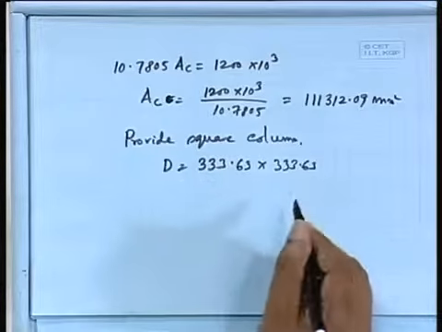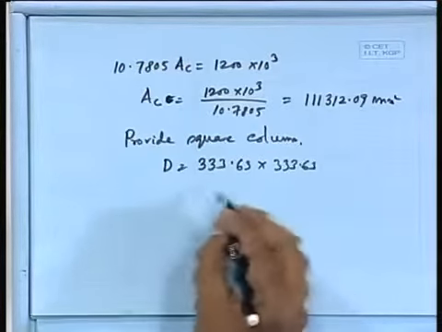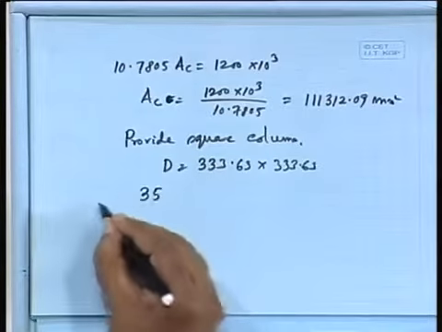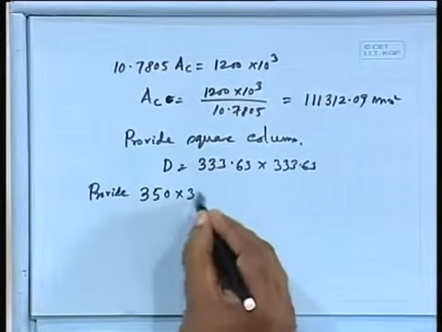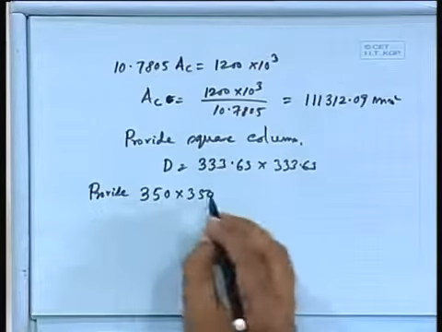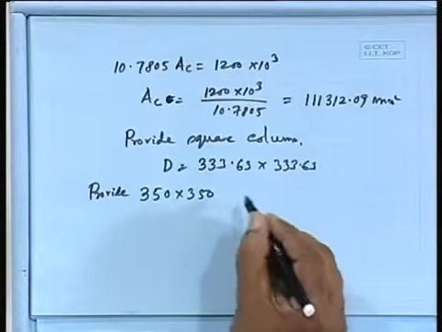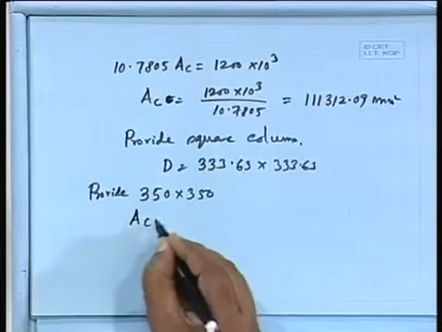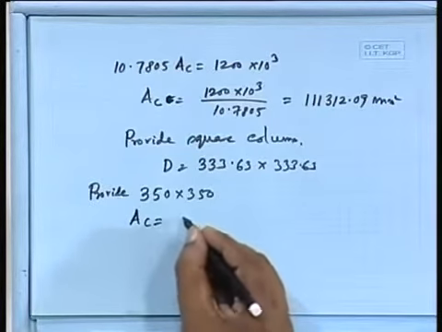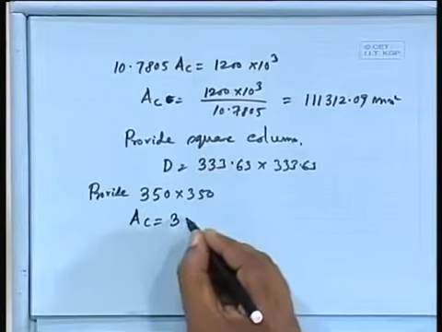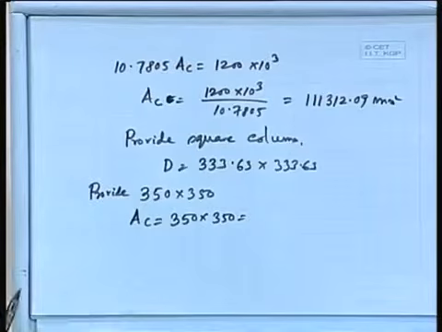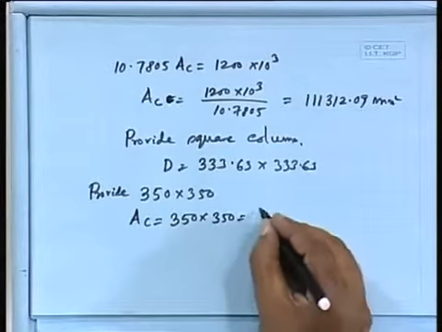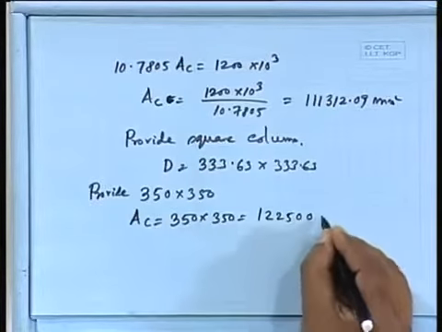So we cannot provide this one. What we can do here, let us assume that we provide a 350 by 350 dimension column. So AC equals 350 into 350, which comes as 122,500 square millimeter.